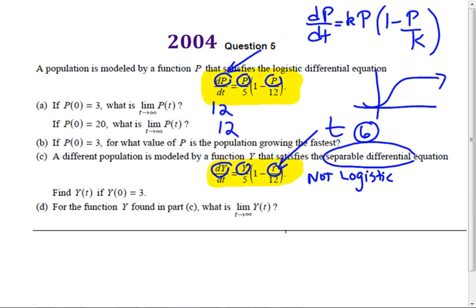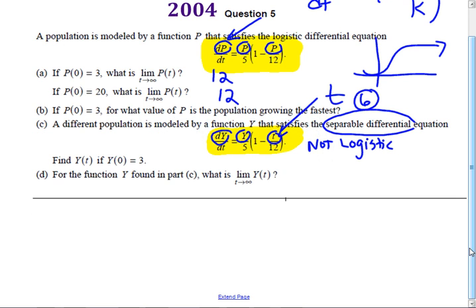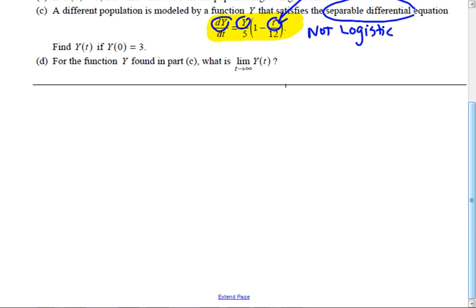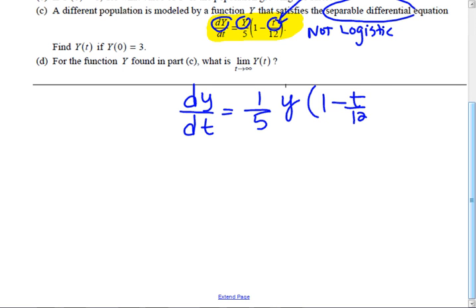Now, the rest of this is the AB part, solving that differential equation. Separate the variables. So dy dt equals 1/5 times y times 1 minus t over 12. So what are we going to do first? Multiply by dt.